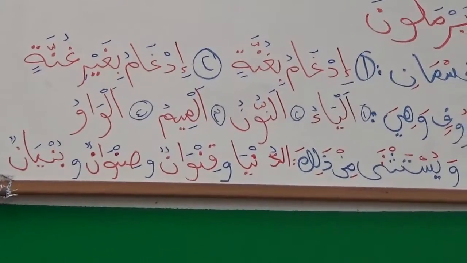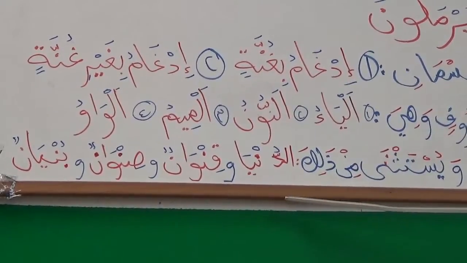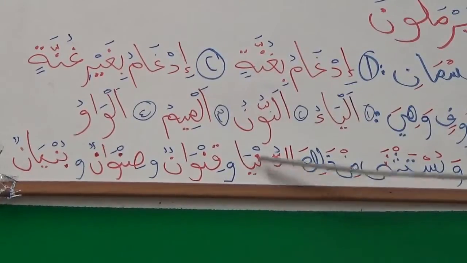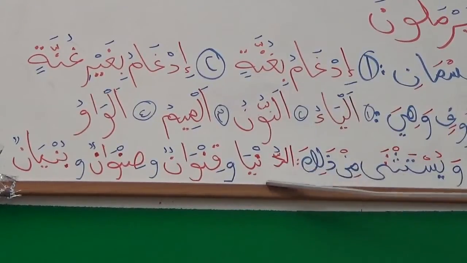Don't we have a noon that has a sukoon? Yes. Is it not followed by a ya? Isn't ya one of the letters of al-idgham bil-ghunna? Why don't we have al-idgham bil-ghunna here? Because it's an exception. And why do we have the exception? They're in the same word.